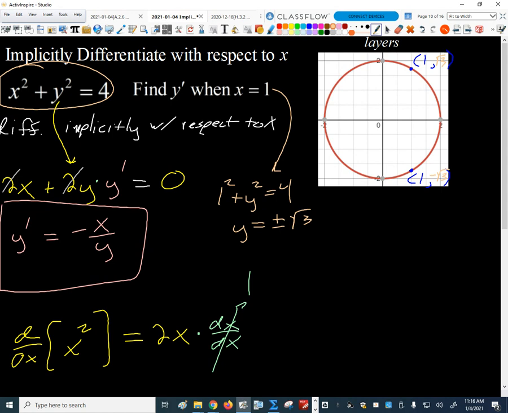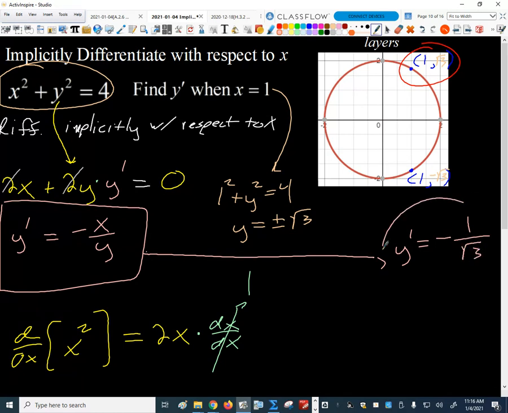And then if I want to evaluate the derivative there, what am I going to get? Well, if I take this top point up here, I'm just going to evaluate my derivative at those coordinates. So I would just get y prime equals negative, my x value is 1, divided by my y value, the square root of 3. So there's one derivative. What about down here at that point?